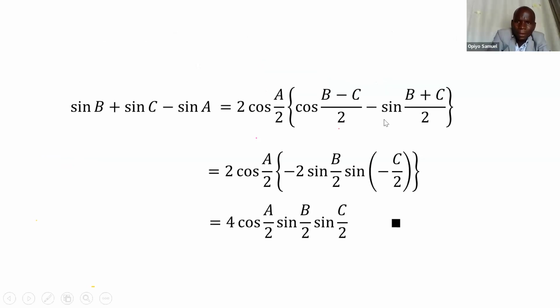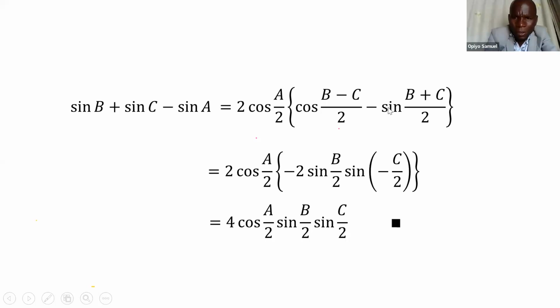Okay, here we can see I've brought back B plus C out of 2. So when we express this again using the factor formula, remember this is cos minus cos. We can have this simplified to negative 2 sine B sine C. I think there's an error here.